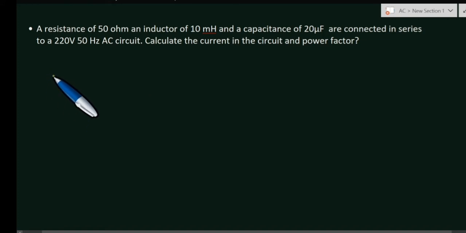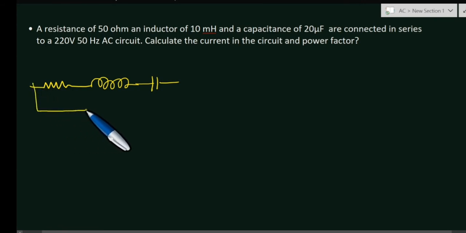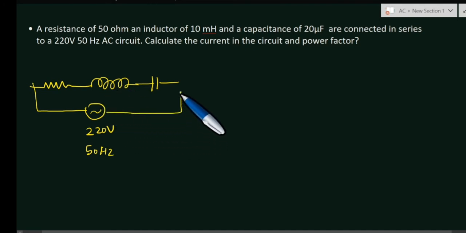So we can draw the circuit: a resistance, an inductor, and a capacitor. All these are connected in series with a 220 volt 50 hertz AC supply. Calculate the value of current.